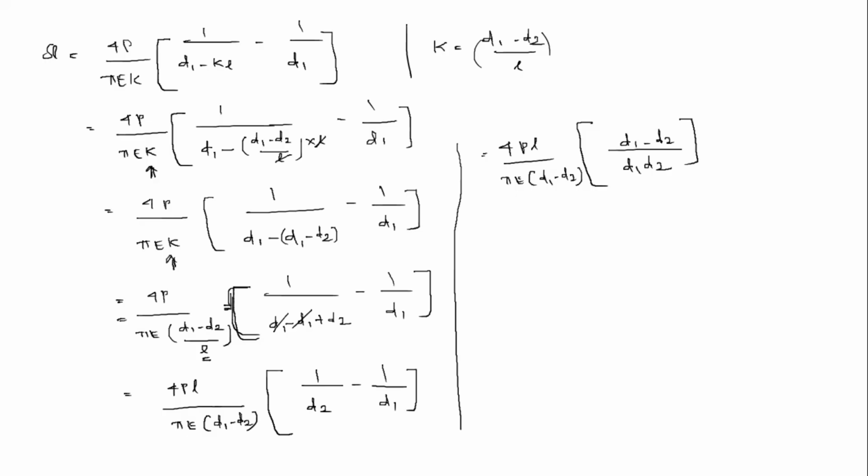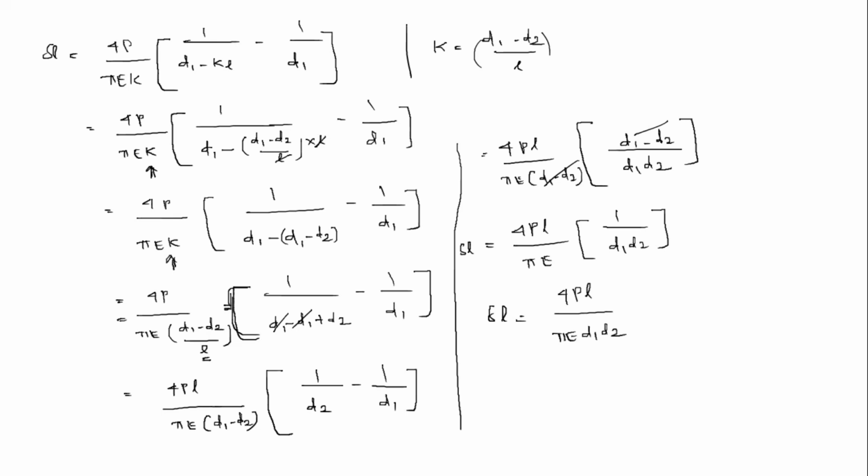So d1 minus d2 cancels. Now del L is equal to 4PL divided by pi E into 1 divided by d1 d2. Now, what is the final equation? Del L is equal to 4PL divided by pi E d1 d2. This is the change in length of the uniform taper bar.